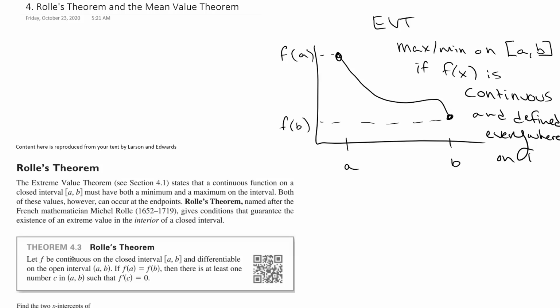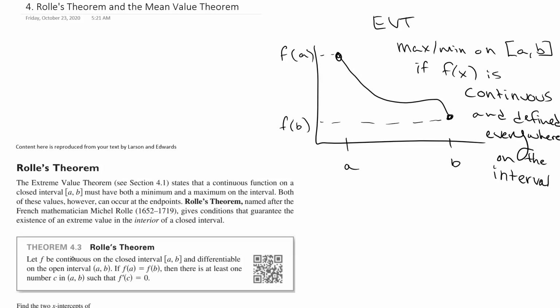So what we're going to do today is think about turning the value theorem inward and using that to talk about characteristics of the graph inside of the interval given our endpoints. We're going to draw conclusions based on our endpoints about what the graph does in between.